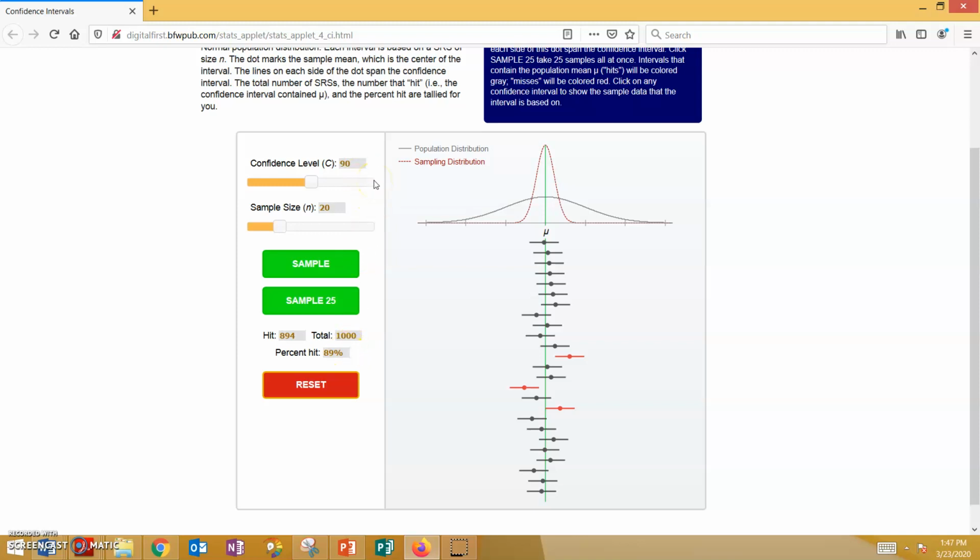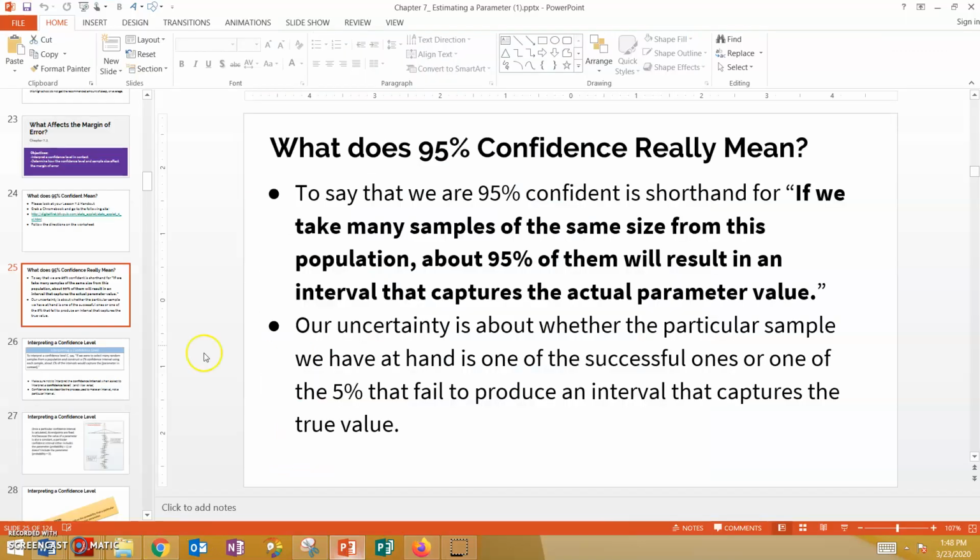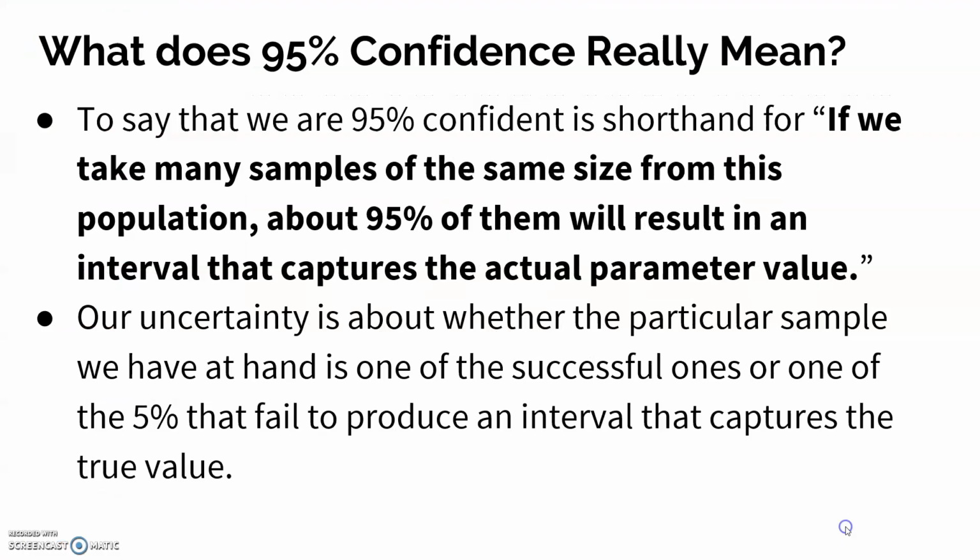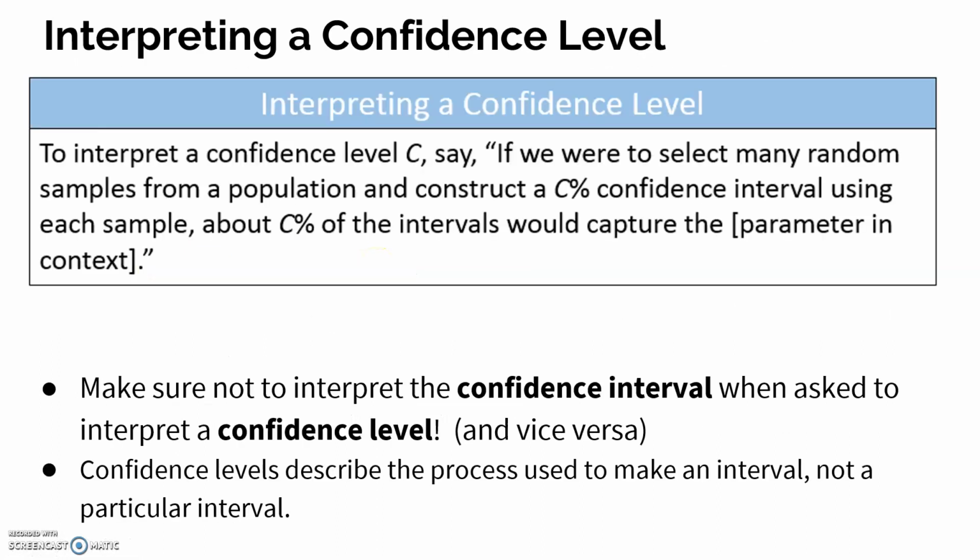Okay, so that brings us back here to what we mean by the confidence level. When we say we're 95% confident in something, this means if we take many samples of the same size from a population, about 95% of these samples will result in an interval that captures the actual parameter value.